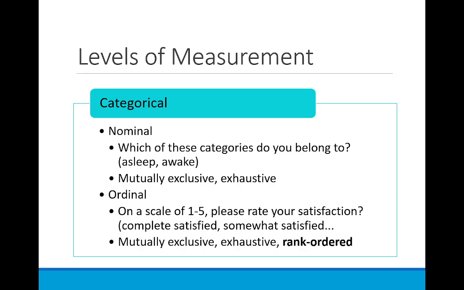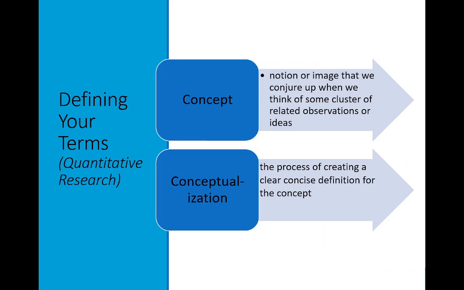In order for something to be valid, it actually needs to be reliable too. If it's not reliable, then it can't be valid. And remember the definition of conceptualization: the process of creating a clear, concise definition of a topic.